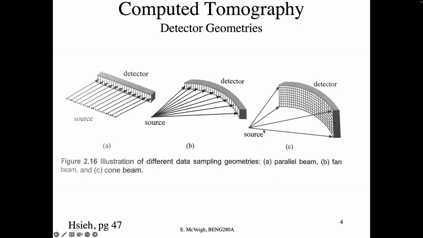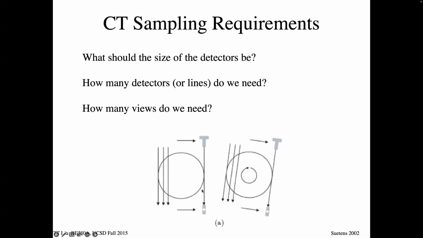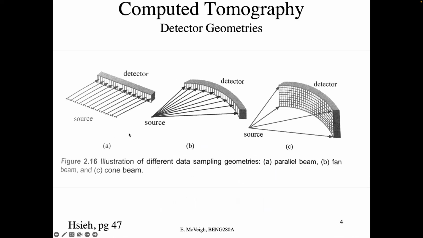Modern detectors are not designed like this, where you raster across the patient. They're designed like this so that you obtain all of your data very quickly at many angles and through many slices simultaneously.